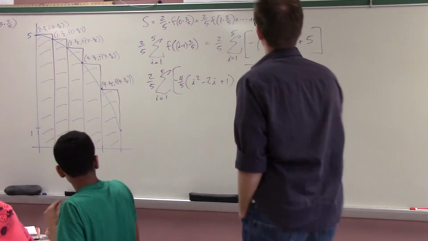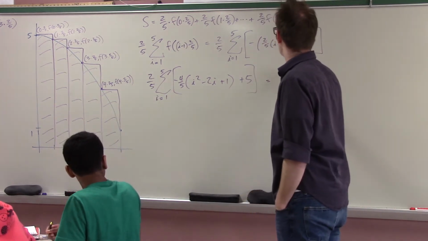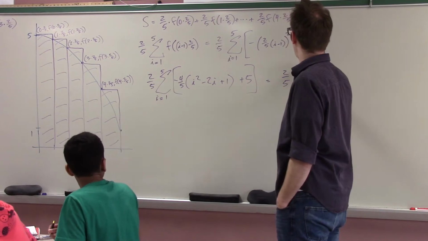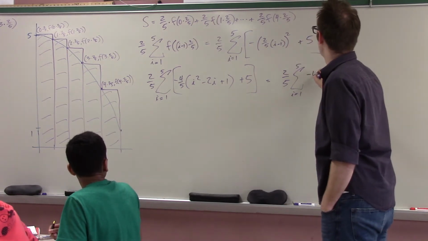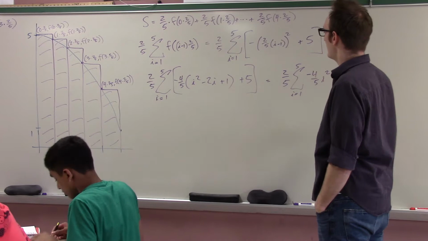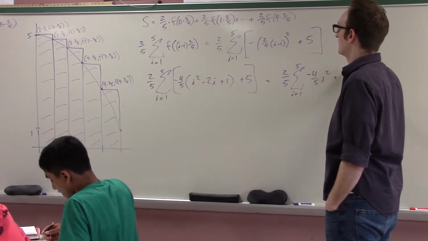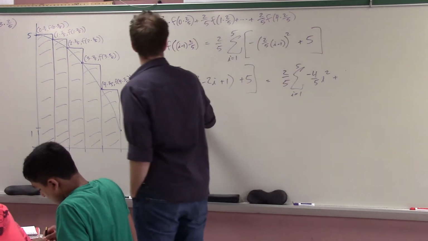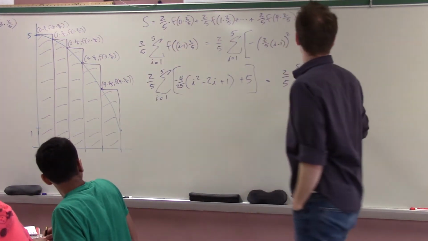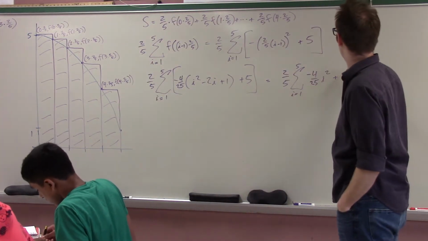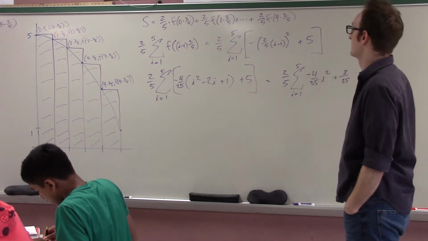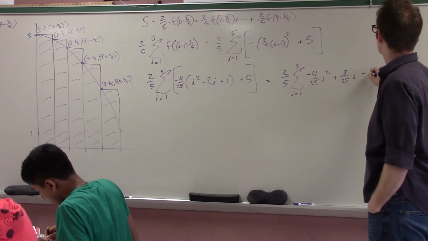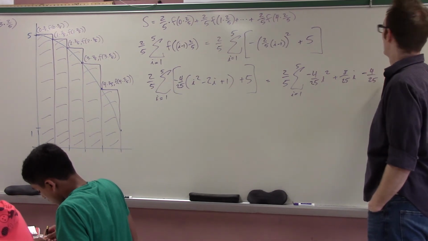Then what? Yeah, you just keep going. So this is 2/5 times the sum from i equals 1 to 5 of negative 4/25 i squared plus 8/25 i minus 4/25, and then plus 5.